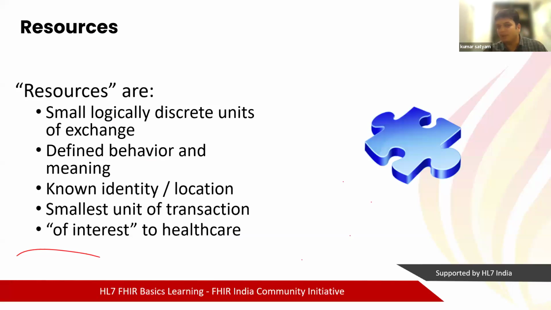They are the smallest unit of exchange in FHIR. So you can only exchange resources. You can't exchange data types, for example, address or name. They cannot be exchanged independently. Independent exchange happens at the resource level.